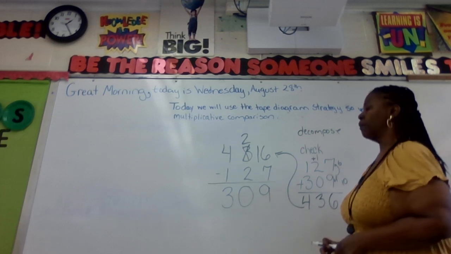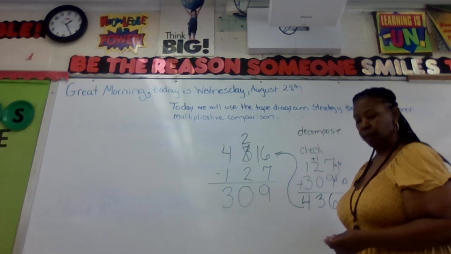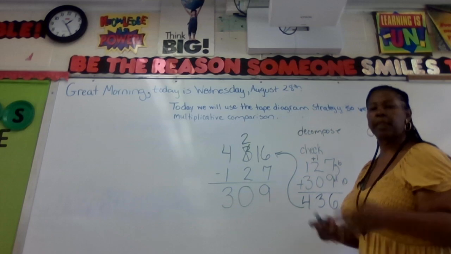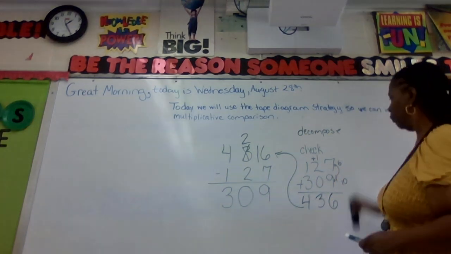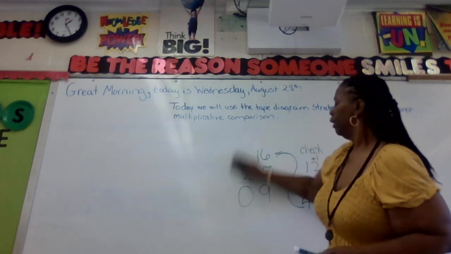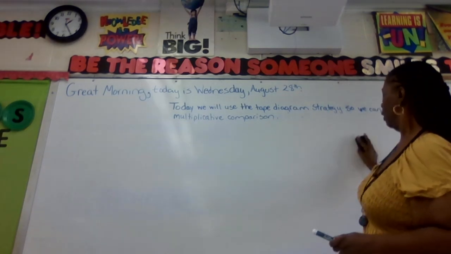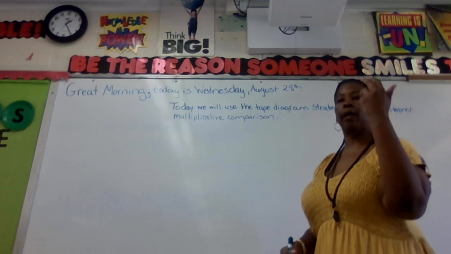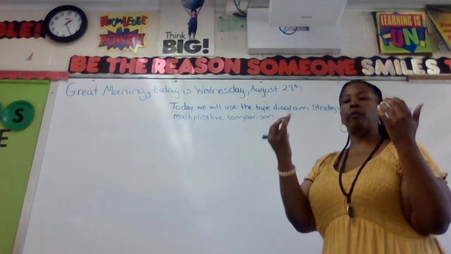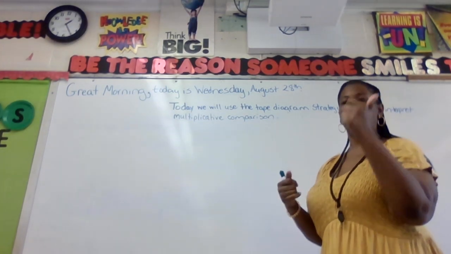Okay? So for tonight's homework, they have, I think, 3 or 4 problems, and then I want them to study the multiples of 3. Let me write them on the board. One thing I want them to do is use their fingers. 3, 6, 9, 12, 15, 18, 21, 24, 27, 30, 33, 36.